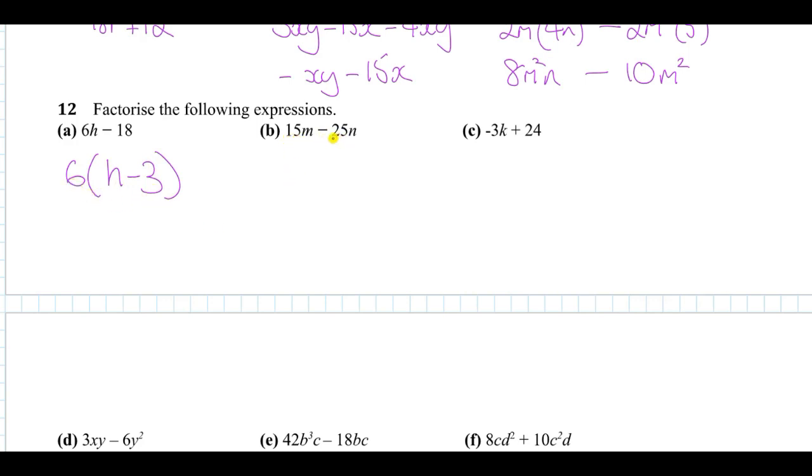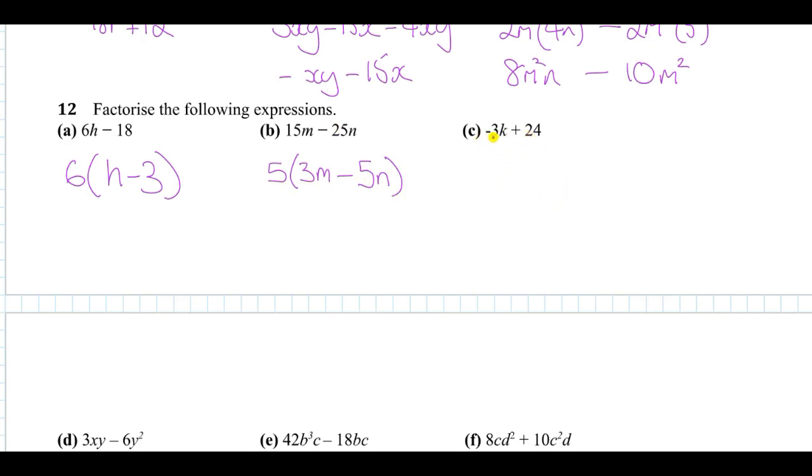Here, 5 is common to both of those terms. So 5 can come out. There are no matching letters, so I can't take anything else out of there. I need 3m to get me the 15m, subtract 5 5s are 25, and I need the n to get me 25n.